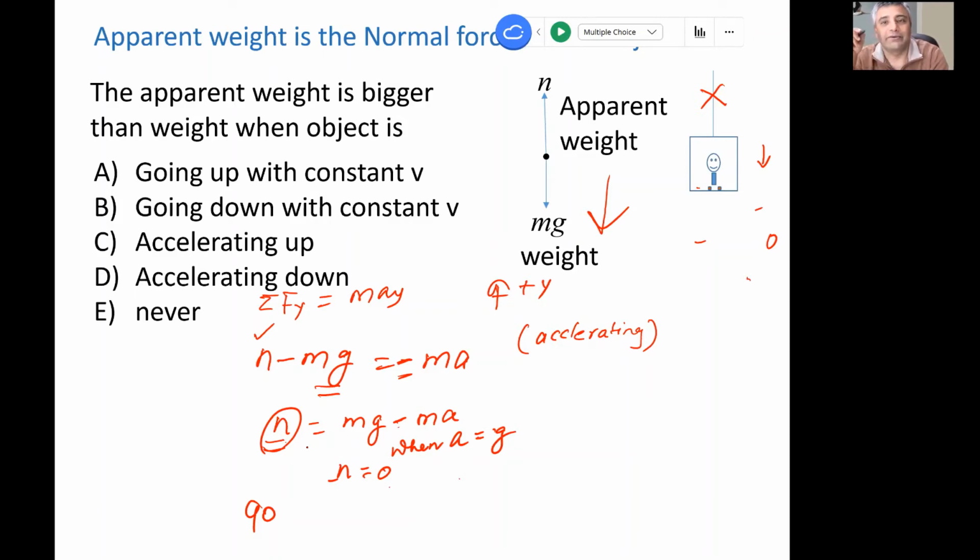So it's in free fall. Because of that, all those astronauts in the International Space Station have acceleration equal to g. They are in free fall and they feel weightless. Okay, so that's what weightlessness means.